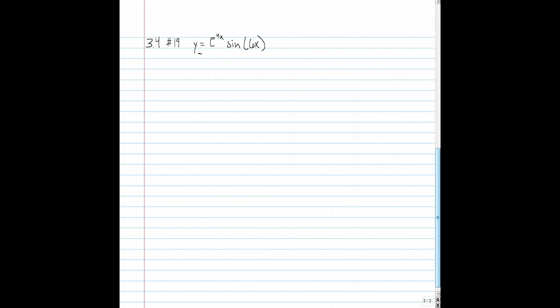So for number 19, we're going to have to use the combination of the product rule and the chain rule, where our first factor is e to the 4x and our second factor is sine 6x.